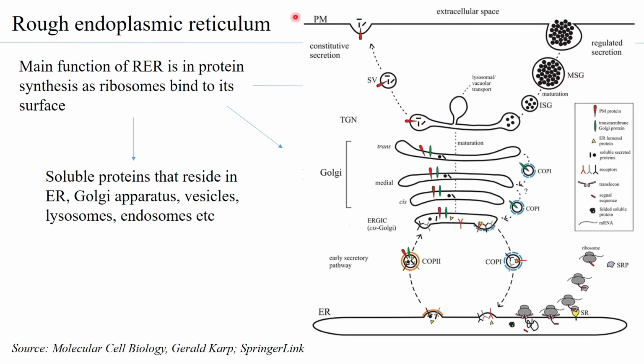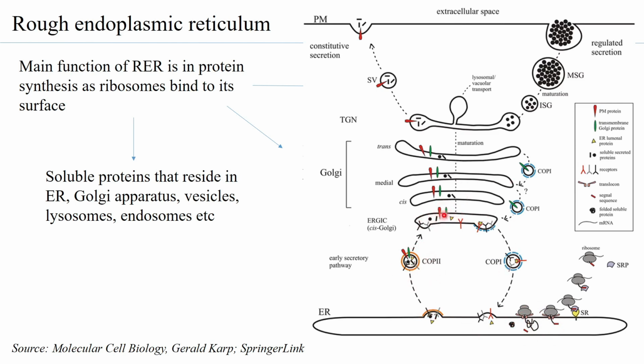Now this that you observe over here, we will come back to the signal hypothesis in a while, but before going to that, let us look at the secretory pathway itself. So you can see that this is the rough endoplasmic reticulum where the ribosome comes and gets attached to form the protein. The protein is packaged and transported as vesicles to the Golgi.